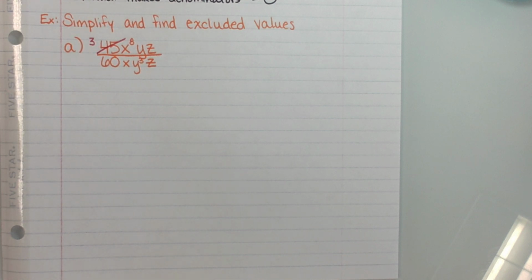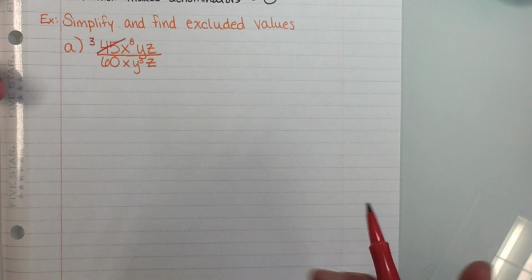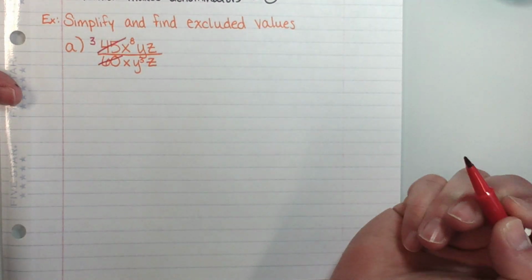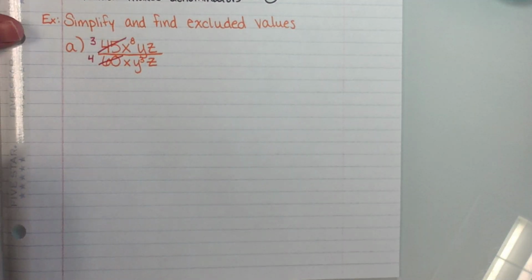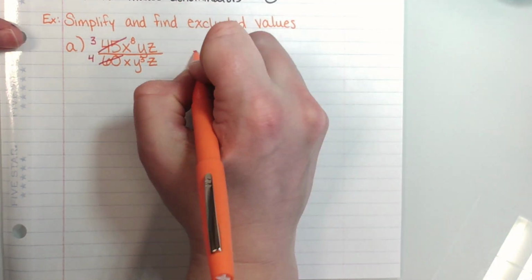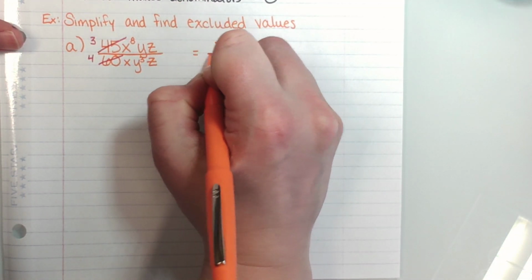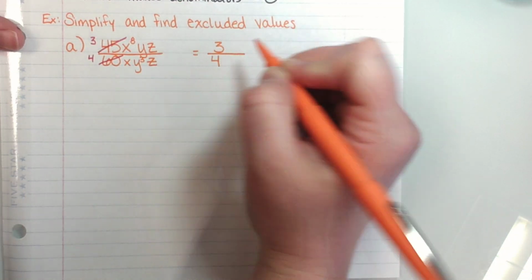Doesn't need to be a graphing calculator, but you should have a calculator. When you divide 15 out of 60, what are you left with? 4. So far in the simplified form, I've got 3 on top, 4 on bottom.